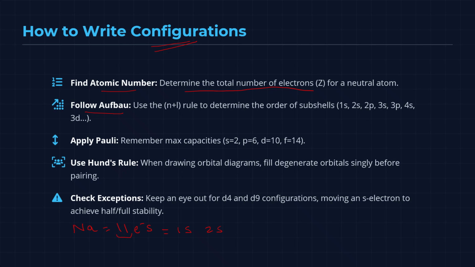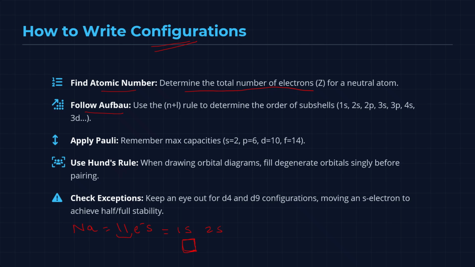Now we have a total of 11 electrons, and in the 1s subshell, the s subshell has only one orbital. You will represent the orbital in this way, square box type way. So this is the 1s orbital I have represented. 1 means first shell, s means s subshell.